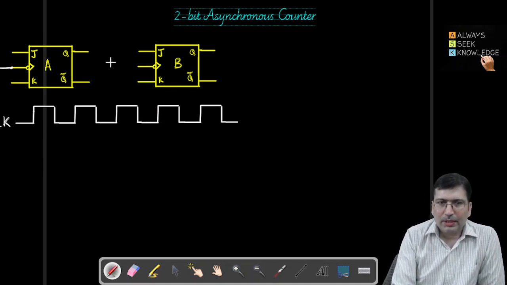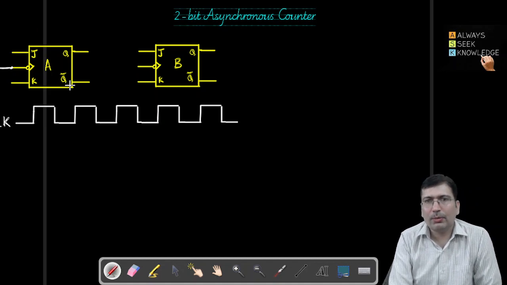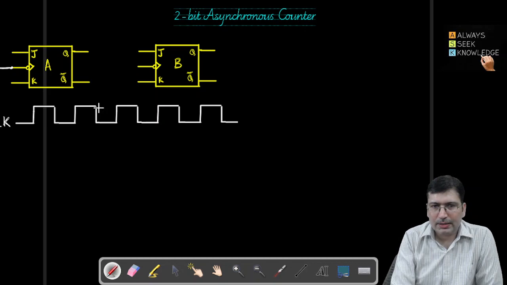Now in counters, we use the toggling property of JK flip-flop. So we know that the JK flip-flop will toggle only in one situation, when J and K both have value 1.